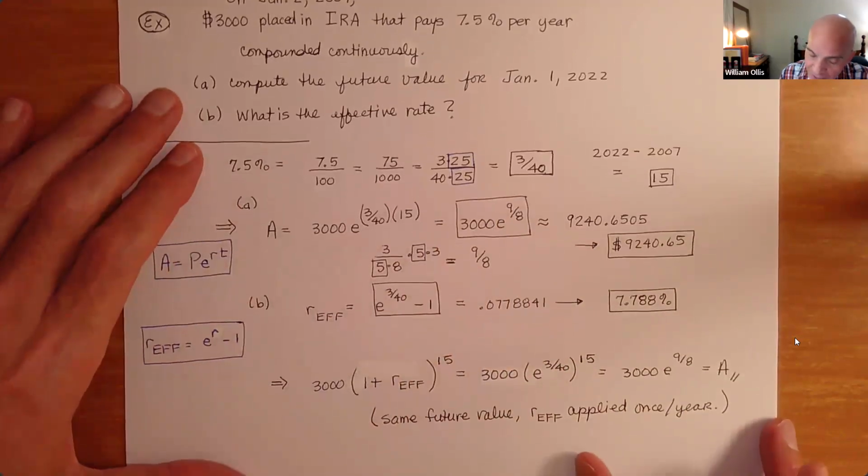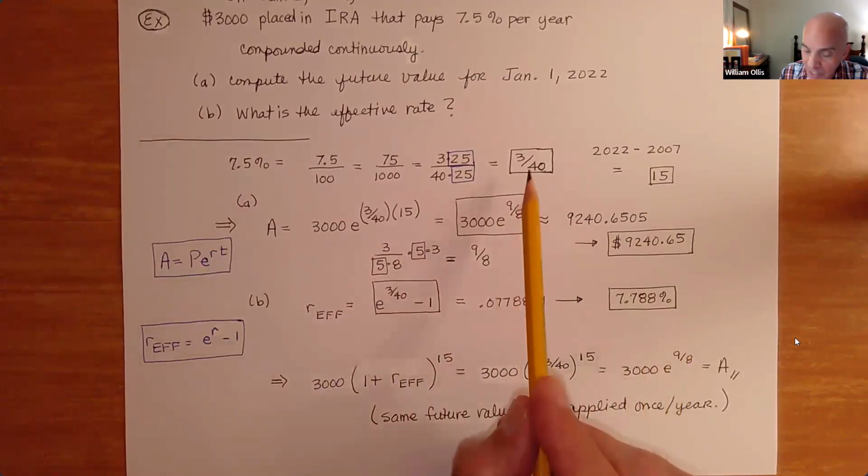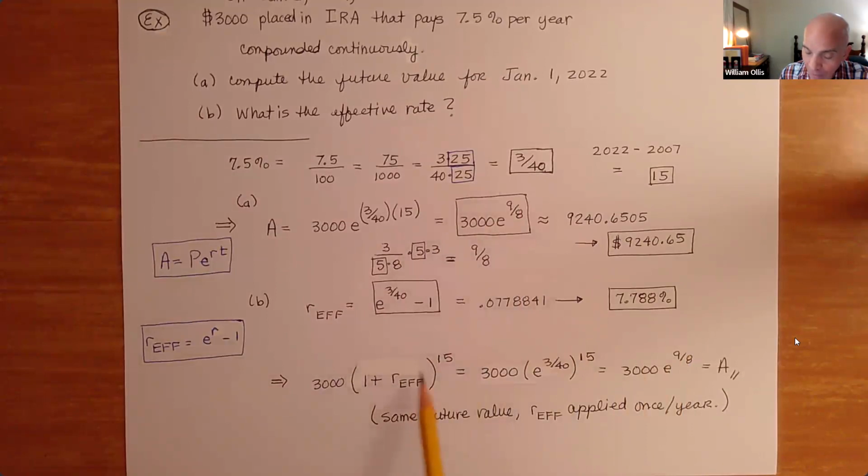So now what we can see, and this is what I wanted to show you here, notice this is the corresponding simple interest rate. And it's the same thing we did right here. If we go back and just say we'll levy the interest 15 times, once per year for 15 years, we notice now that we get the same thing that we thought we would.